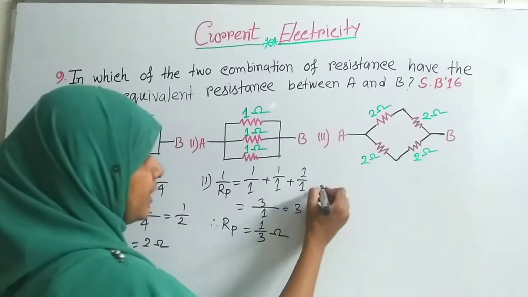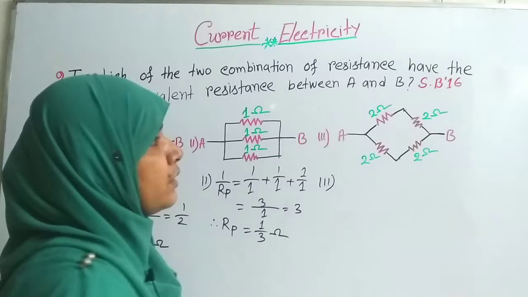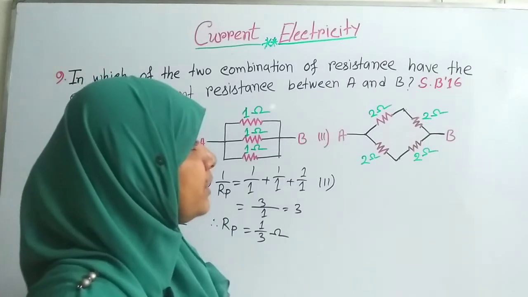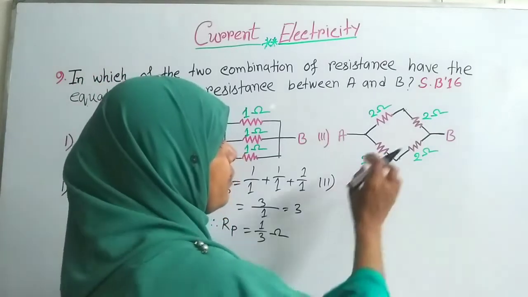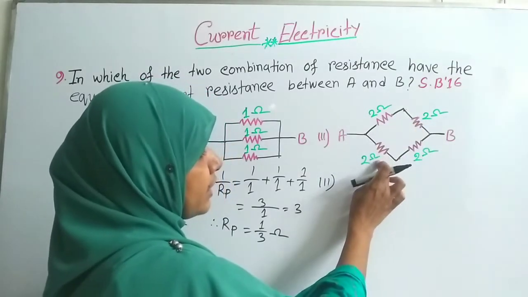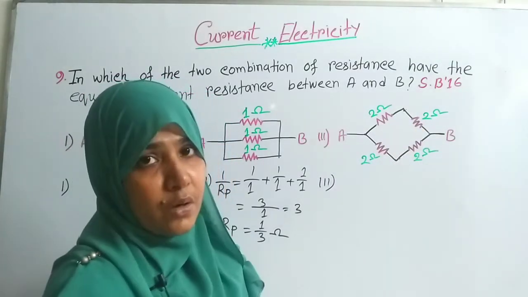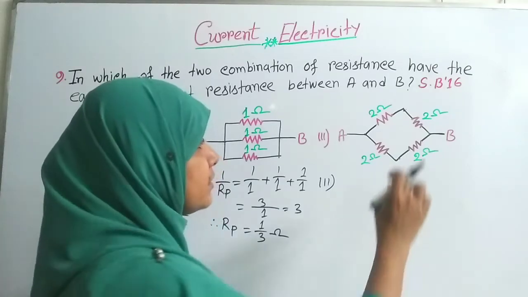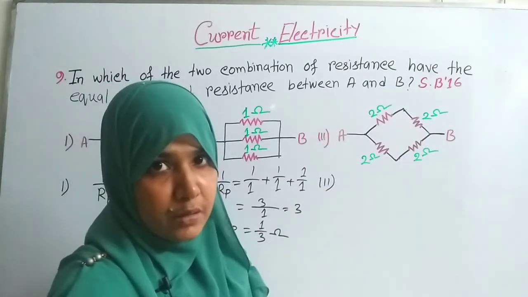Now in the third diagram, this diagram is similar to a Wheatstone bridge. Here you can see that firstly these two resistances are in series combination, and here these two resistances are also in series combination, and after that these two will be in parallel combination.